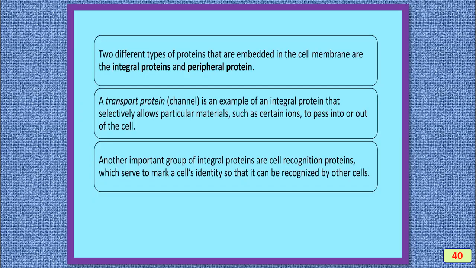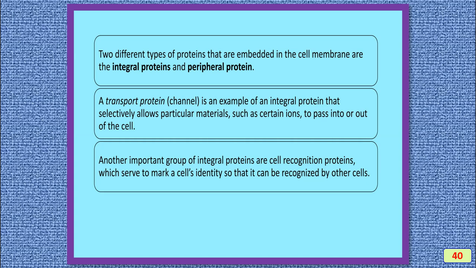Two different types of proteins are embedded in the cell membrane: integral and peripheral proteins. Number one, the transport protein, also called channels, ion channels, or simply the channel, is an example of an integral protein that selectively allows particular materials, sometimes ionic movement, inside and outside the cell.